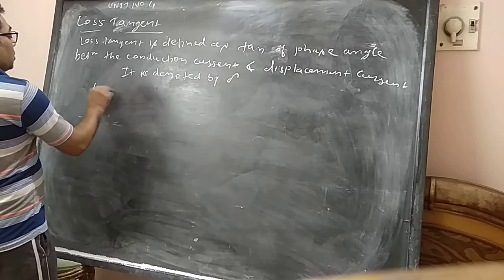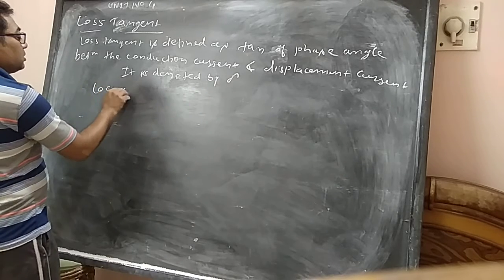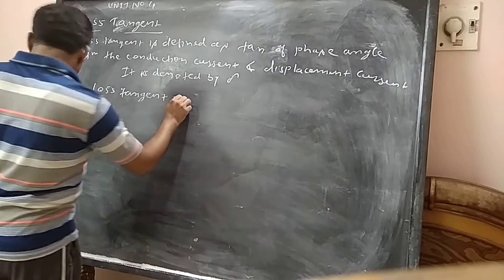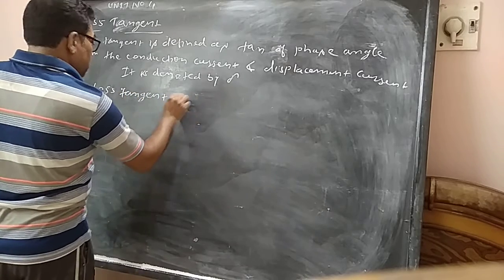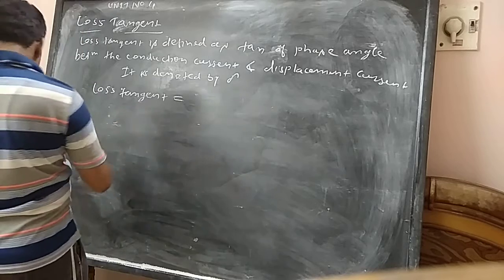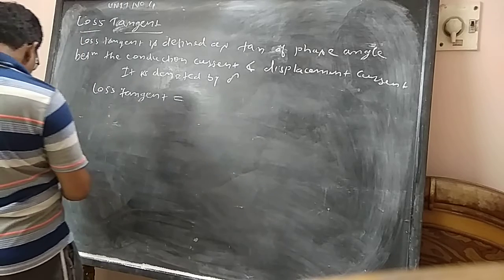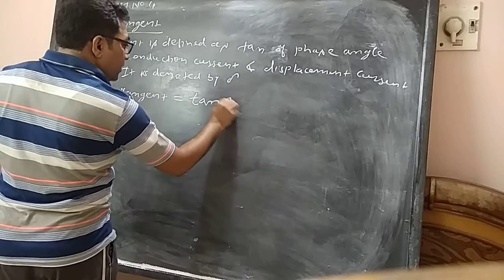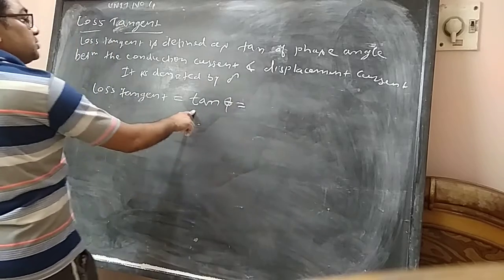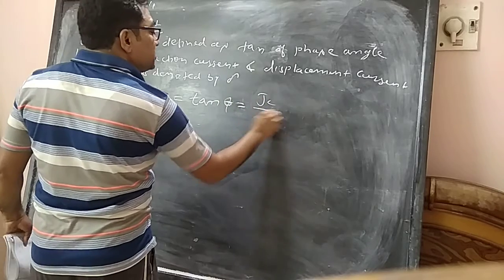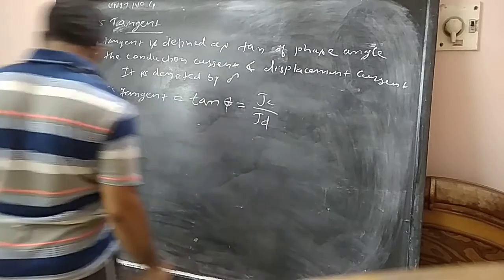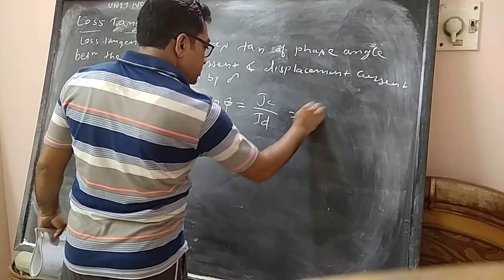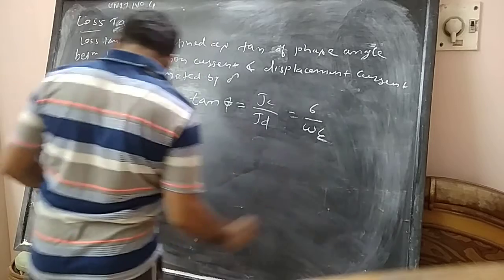So the loss tangent, denoted by delta, which is sometimes tan of angle phi, is the ratio of conduction current density Jc divided by displacement current density Jd, that is sigma upon omega epsilon.